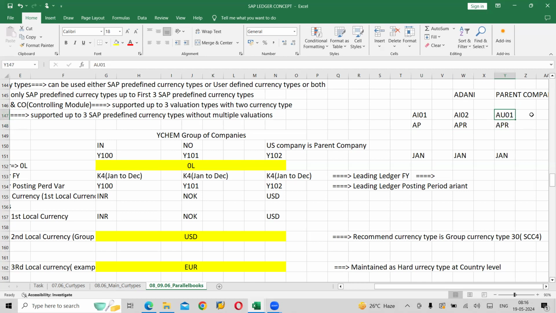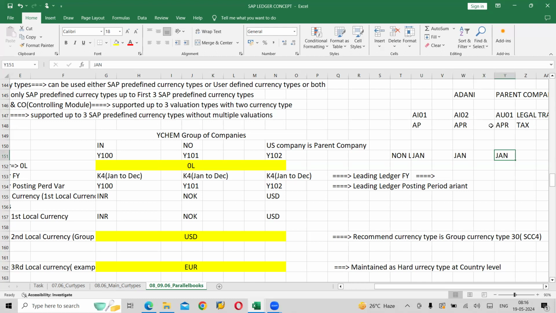Only a few transactions, legal formalities, legal and tax transactions, will be posted as per US reporting. For that we have non-leading ledgers. So are you clear? For US GAAP, even though my company is in India, I still need to submit for US reporting purpose, January to December.